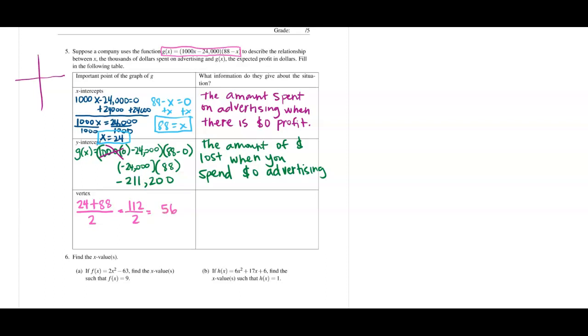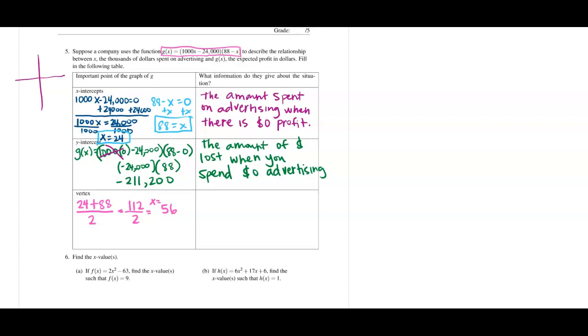All right, so that's what my x is going to be, the x part of my vertex. And then I can use that number, that 56, and put it in place of my x's in the equation there to figure out what that would be.